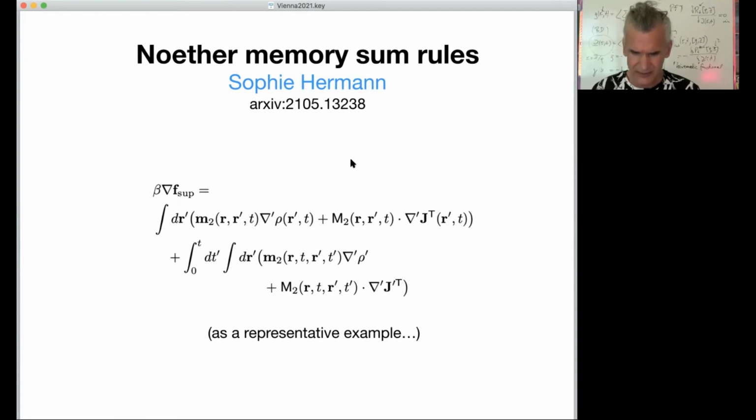And this is an exact identity. It's a representative example in the paper. We have lots of such equations, and they have a time integral in them. I guess they will again look strange to many knowledgeable people in the audience. They connect these one-body quantities. Arguments are left away. Prime is t prime and r prime. That's what the prime indicates. And these things are higher derivatives. So they are like memory.